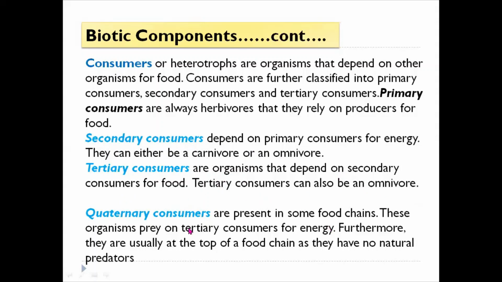And the quaternary consumers are present in some food chains. These organisms prey on tertiary consumers for energy. So what happens here? इनके लिए कोई और शिकार करता है, and they take their food, that food जो शिकार किया हुआ है. Furthermore, they are usually at the top of the food chain as they have no natural predators.